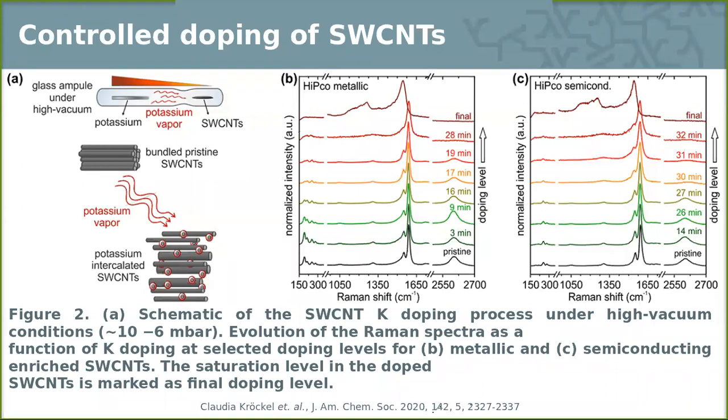Of course, there should be a correlation, because each of these double resonance processes must contain all the different 2D lines for each carbon nanotube, but it's really hard to describe because we have a very broad peak here and we need to make a deconvolution of several components that should be correlated to each of the nanotubes that we have here, and that will be a really complicated analysis.